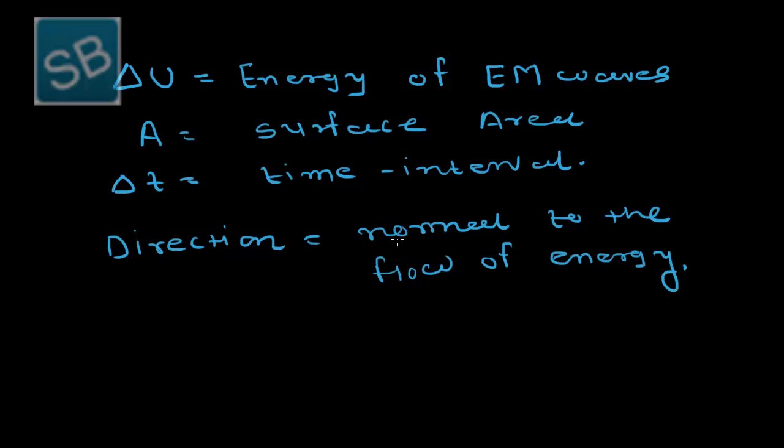And now we are assuming that the energy is completely absorbed by the surface, and then the momentum which is imparted on the surface is given by delta U over c. The c is the velocity of light, and this is for complete absorption.